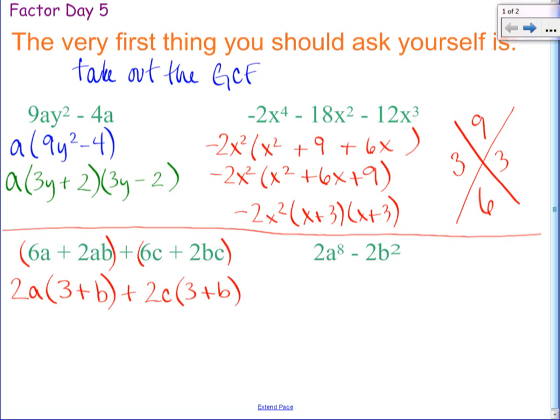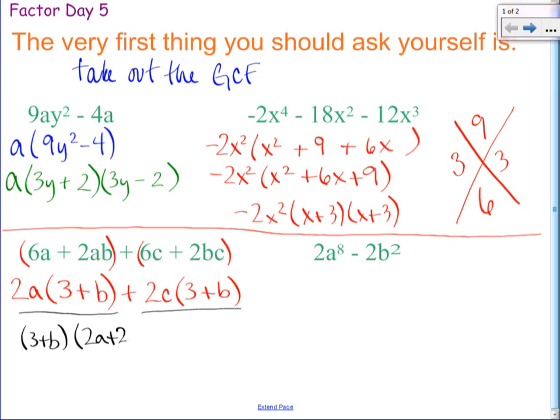Now, well, we'll get there in a second. Okay, so what can we take out of both of these now? What's in common with the two terms? 3 plus b. Yes, in this term there's a 3 plus b and there's a 3 plus b in that one. So we take 3 plus b out front and what are we left with?